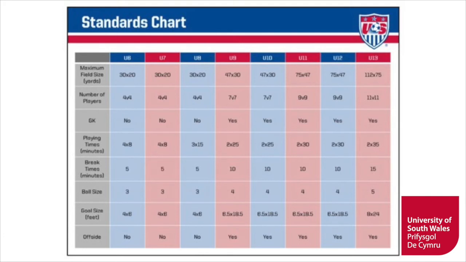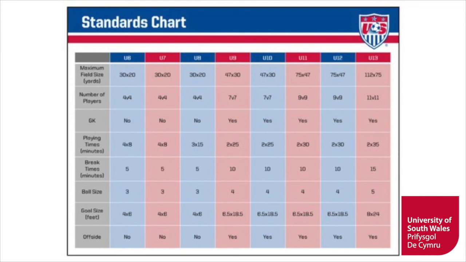Important to bear in mind when designing small-sided games is the field size, the number of players that take part in that activity, the number of minutes that the players are taking part, and also the breaks in between. And you can see on screen the guidelines that US Soccer have produced on the variety of formats of the game for each particular age group, with guidelines around the field size, the number of players taking part, the recommended playing time, and the recommended break times.